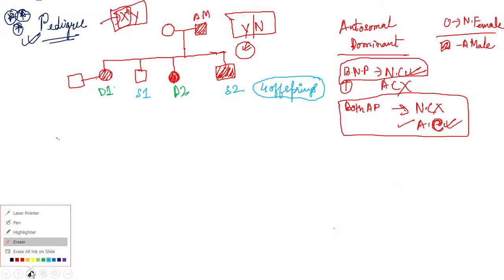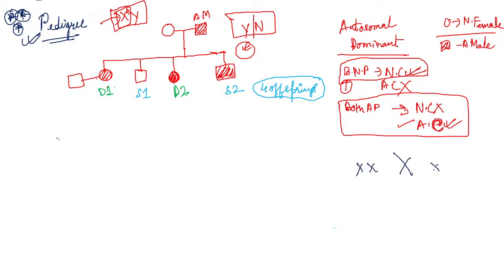Yes, now I'll do it again. So XX is combining with XHY. So we'll get first XHX, right? Then we will again get XHX. Then we'll get XY and XY, and this X will combine with Y.